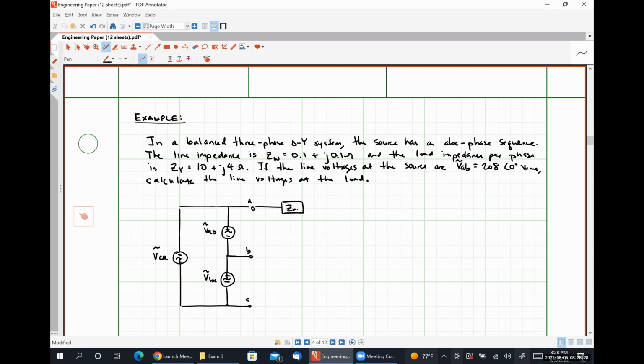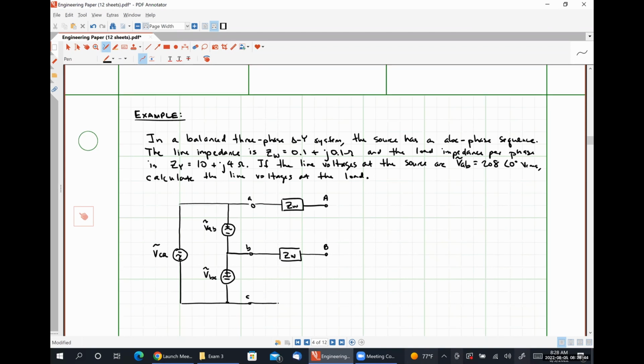So this is ZW, ZW, and ZW like so. And now I'm going to draw my Y connected load.